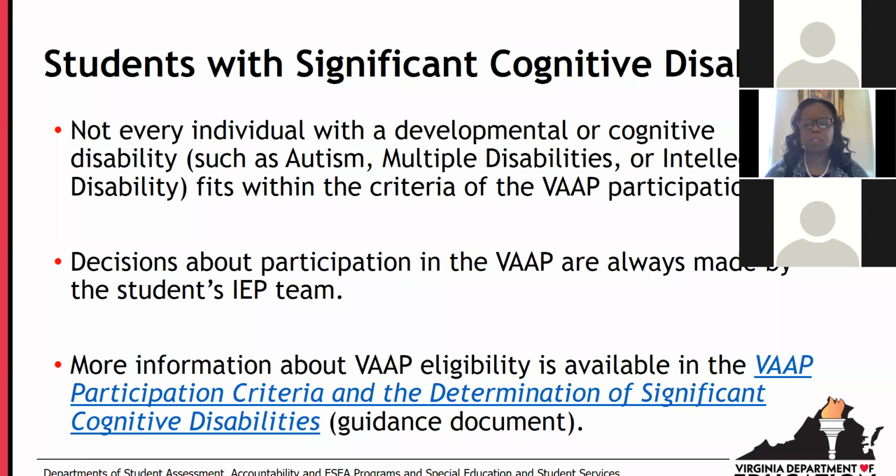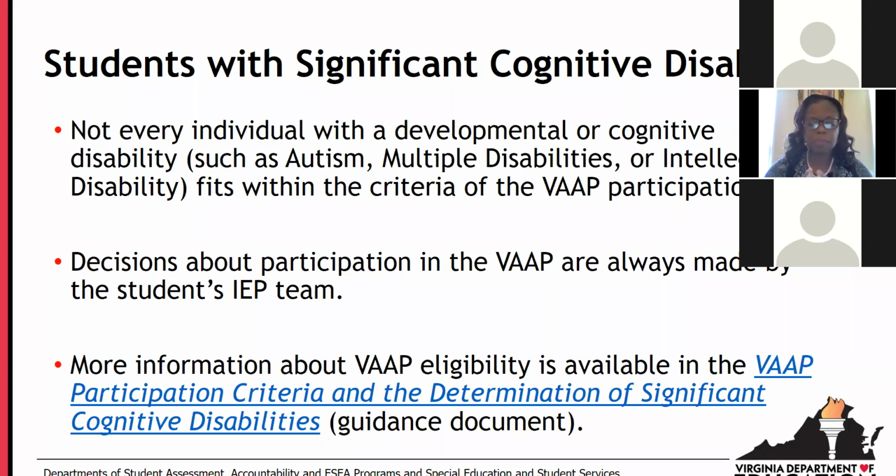Those decisions are very important ones, and they're always made by the student's IEP team. And the IEP team is really given guidance and some parameters as to how they should make that decision.